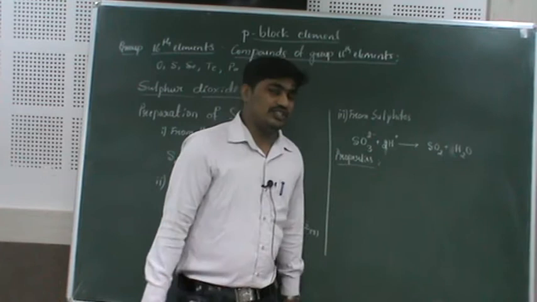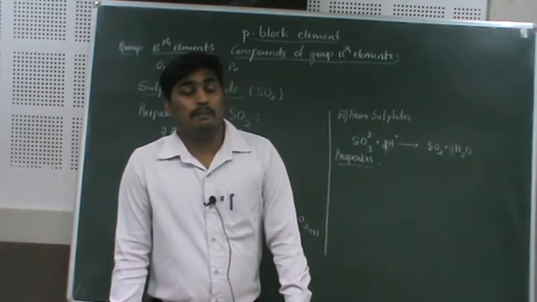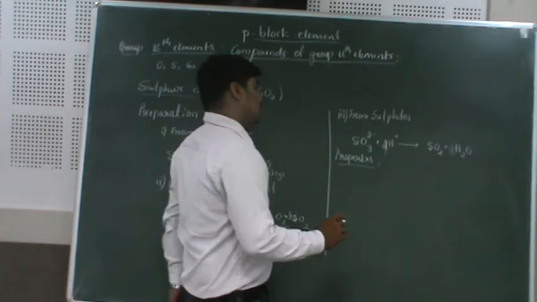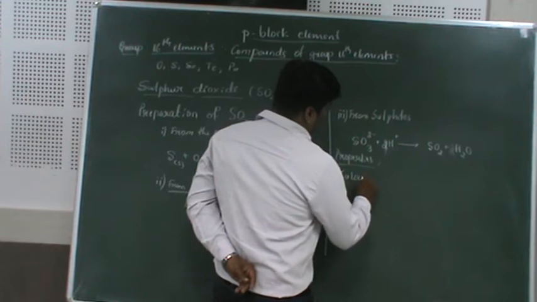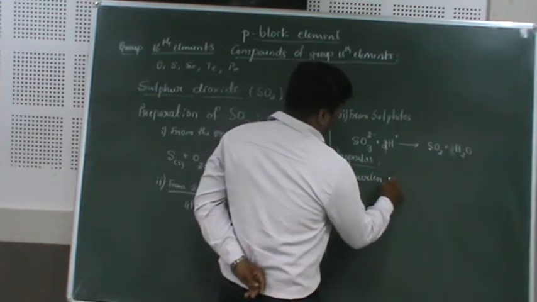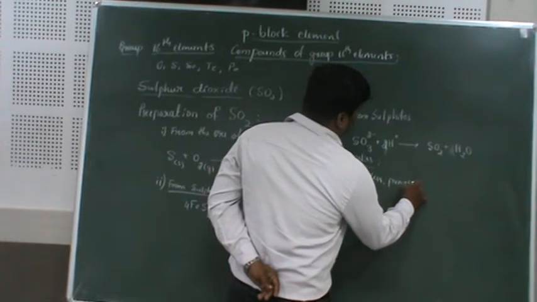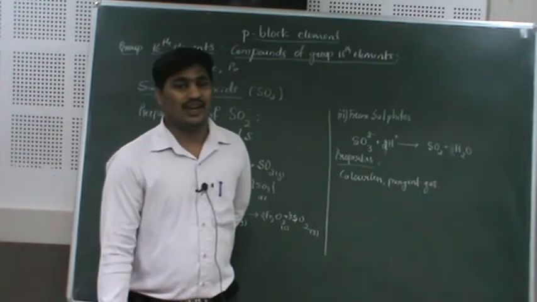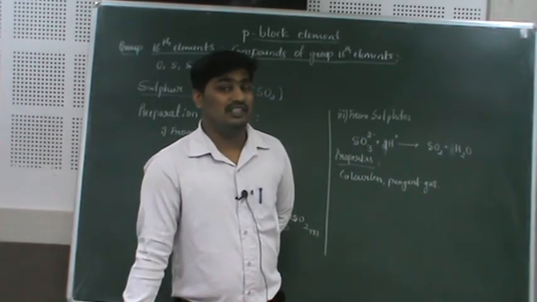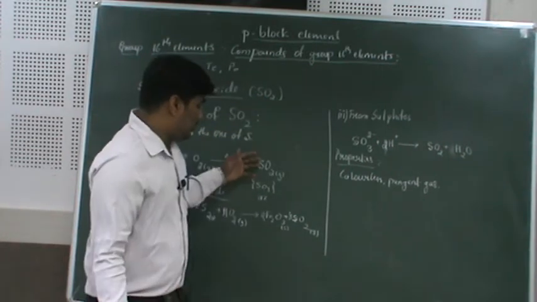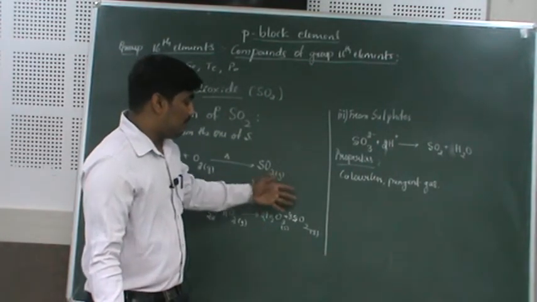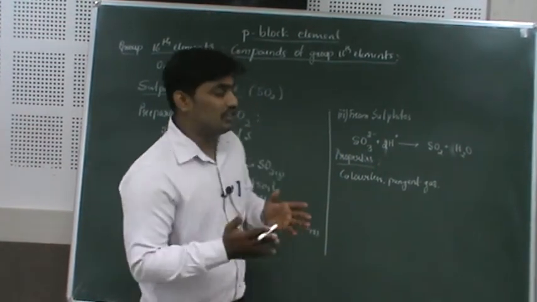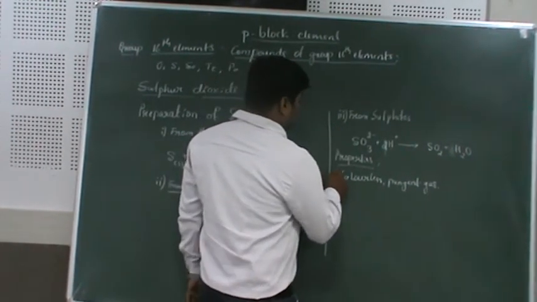In the physical property, sulfur dioxide is a colorless, pungent gas with a pungent odor. We can easily identify sulfur dioxide on the basis of the pungent odor. In all the cases where sulfur dioxide is formed in quantity, it gives the pungent odor that identifies its presence.